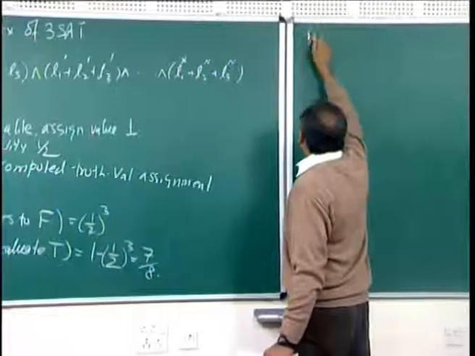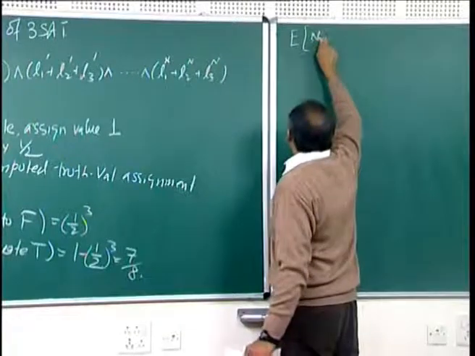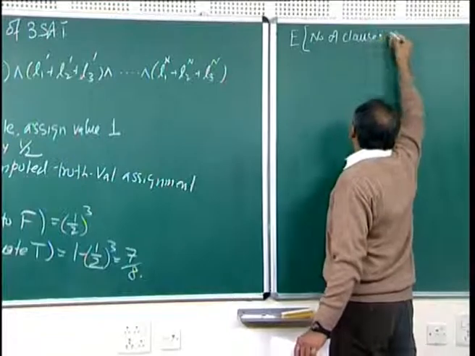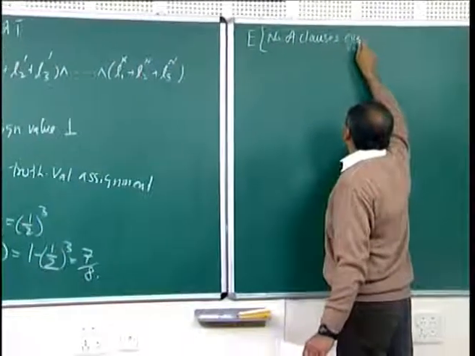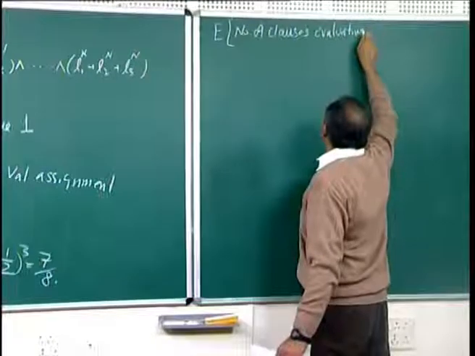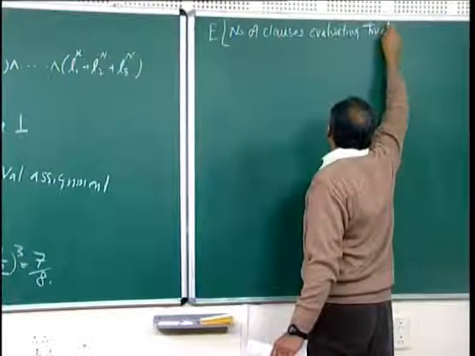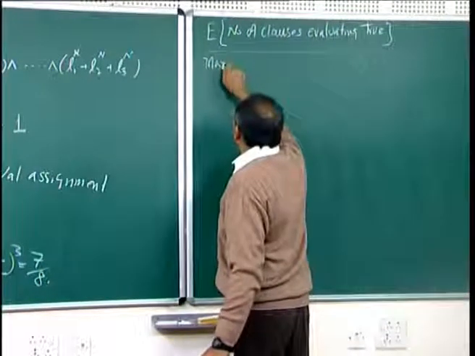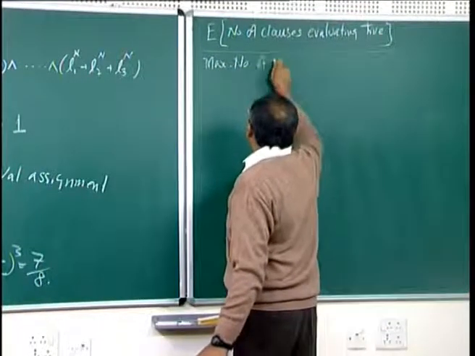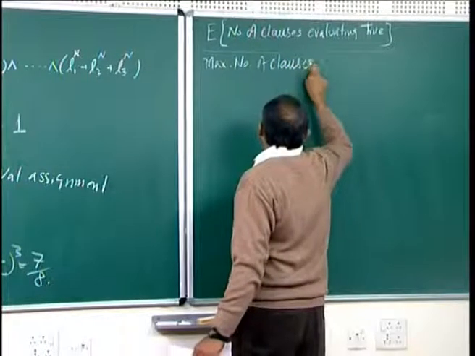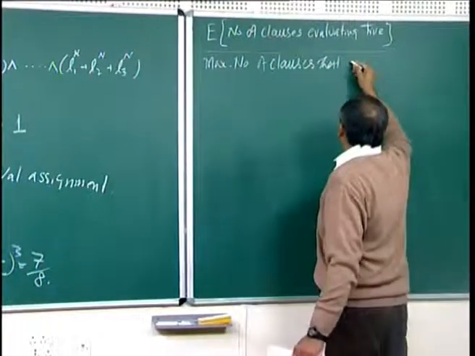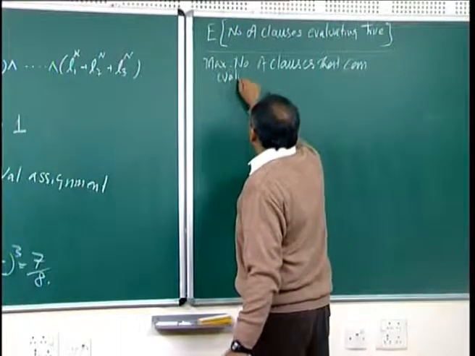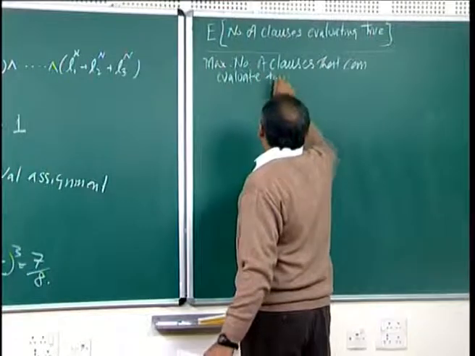So, the expected number of clauses evaluating true divided by the maximum number of clauses that can evaluate to true.